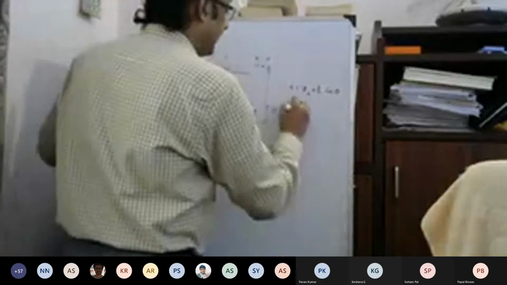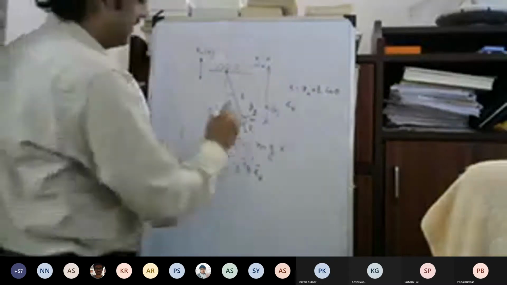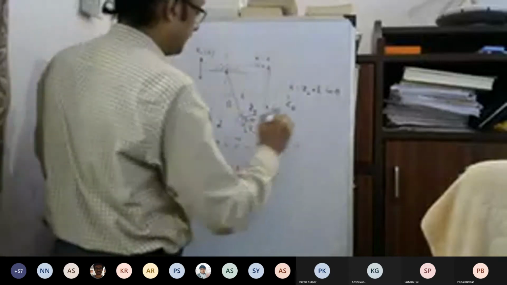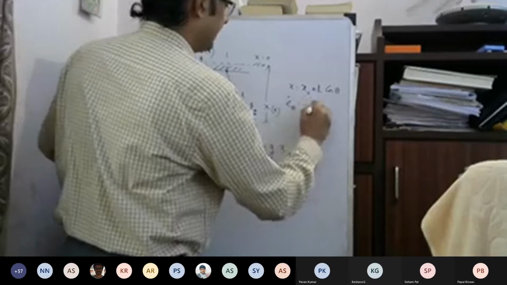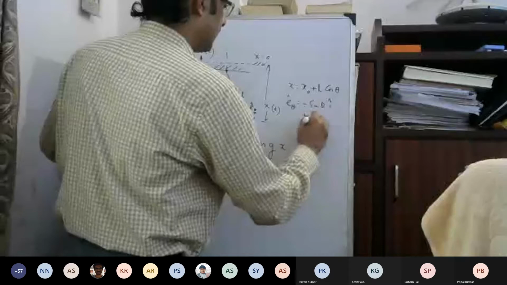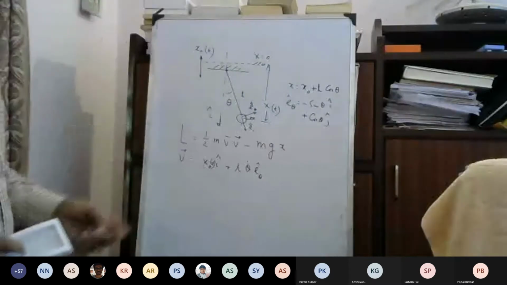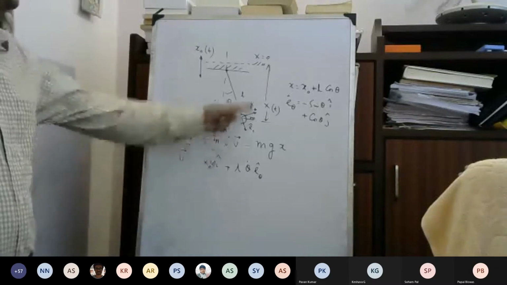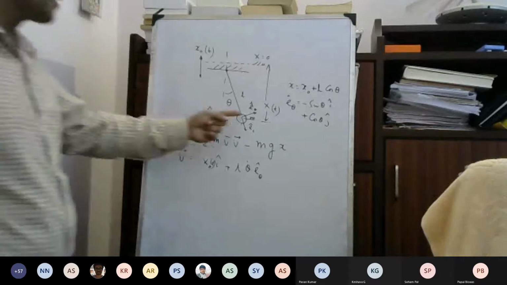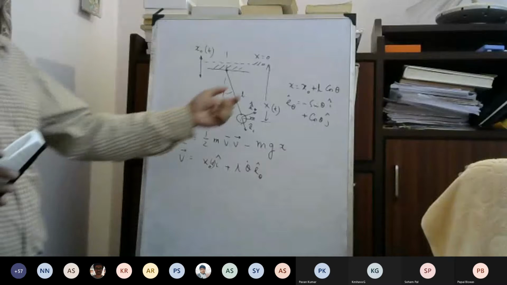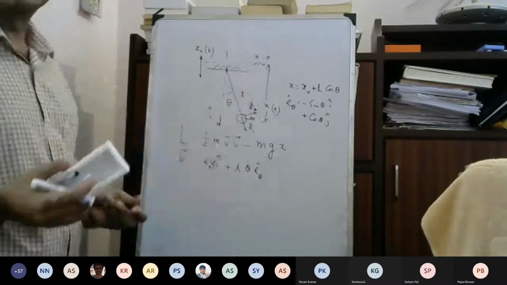Of course, e theta, this angle is nothing but theta, so e theta will be equal to minus sine theta i plus cosine theta j. e r is equal to cosine theta i plus sine theta j, and e theta is equal to minus sine theta i and cosine theta j, because this angle is nothing but theta. Clear? It is a little bit of vector manipulation. You should be able to do this at this stage. e theta is like that.